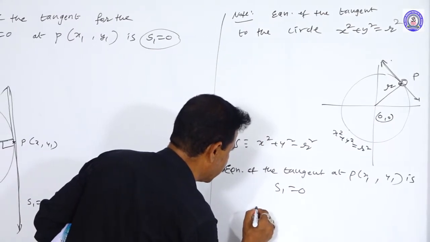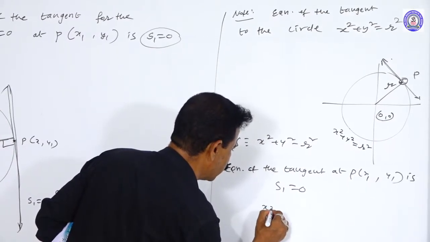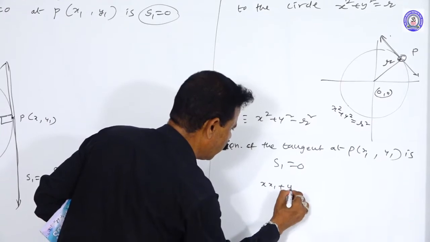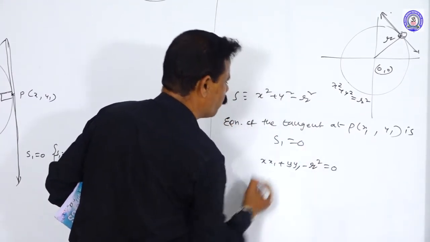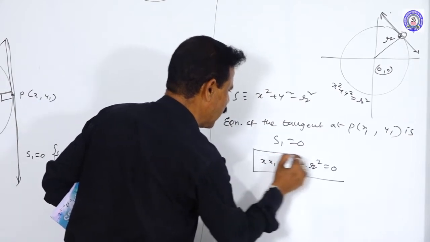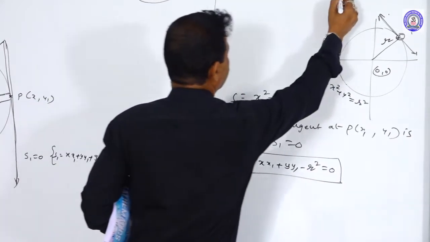That's why we write S1 as x·x1 + y·y1 − r² = 0. This is the equation of the tangent to this circle.